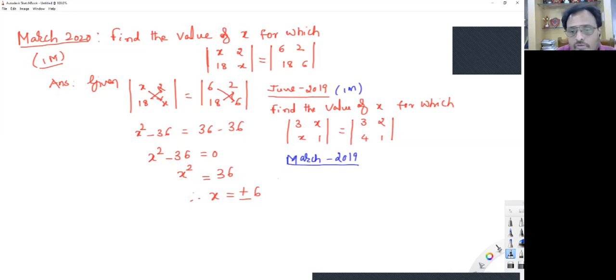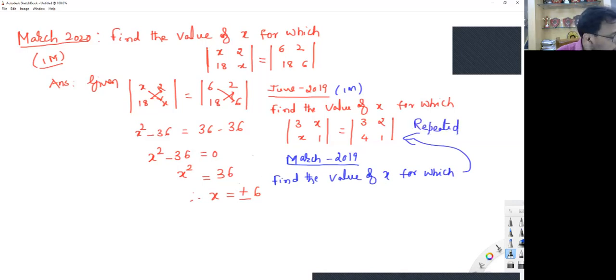Same heading: find the value of x for which the determinant of 3x x1 is equal to the determinant of 3 2 4 1. It is again the same problem, repeated.